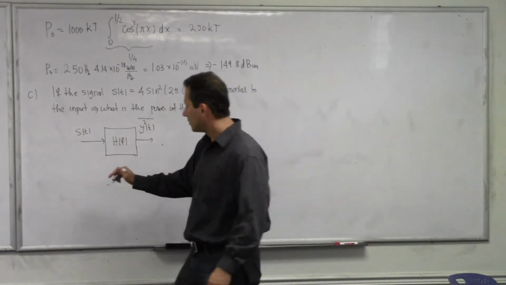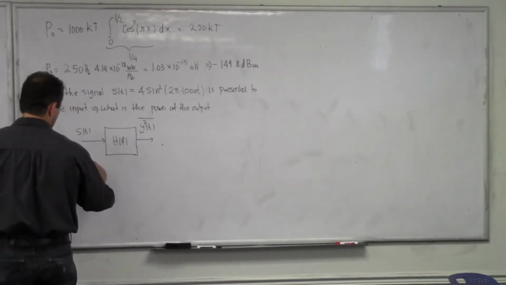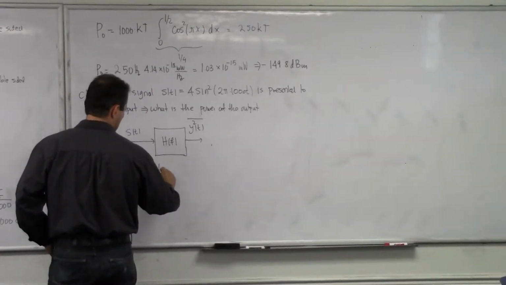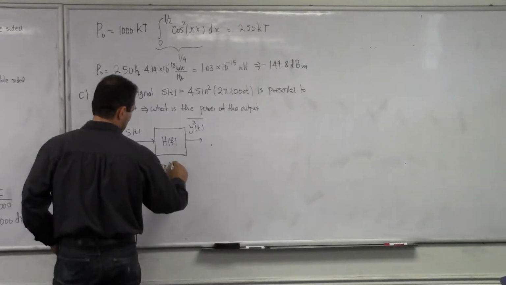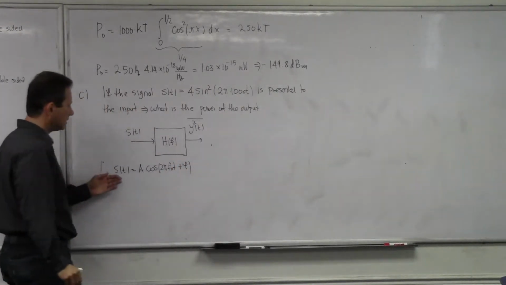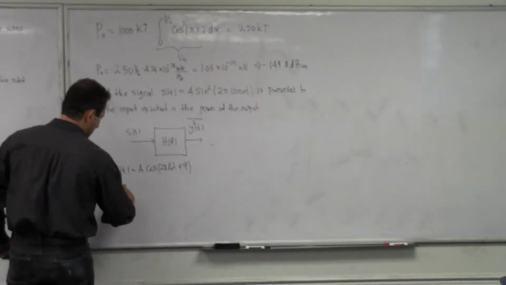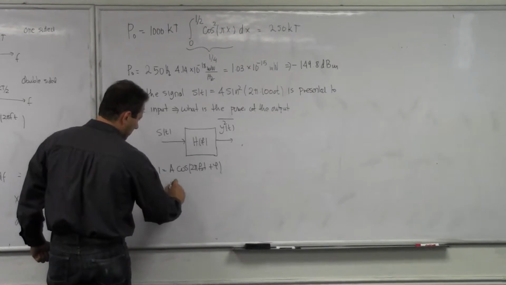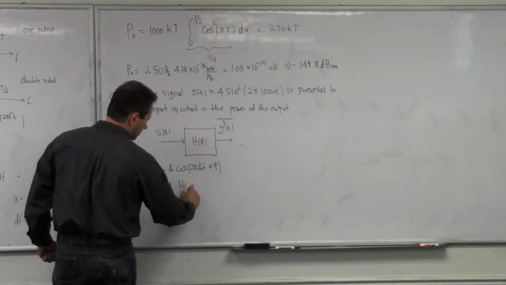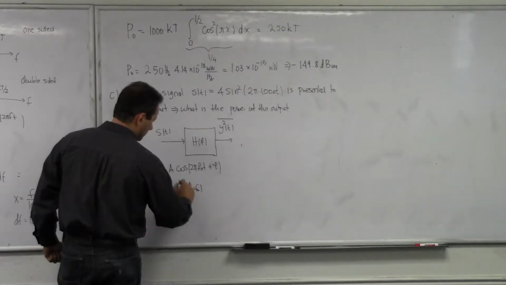Let me just give you a first step here. Let's say S of t is equal to A cosine 2 pi f0 t plus some phi. I present this sinusoid to this H of f. What comes at the output? Y of t is going to be the magnitude times the magnitude response H of f at f equal to f0.